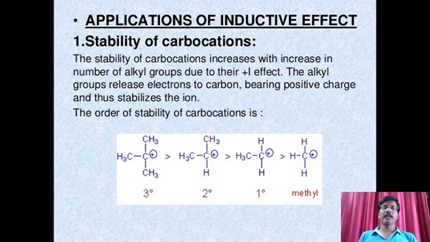So carbonium ion stability is explained based on plus I effect in such a way that tertiary has three substituents and is more stable, secondary has two substituents so a little bit less, and primary has only one plus I substituent. When compared to methyl, the stability order is tertiary, secondary, primary, and methyl.